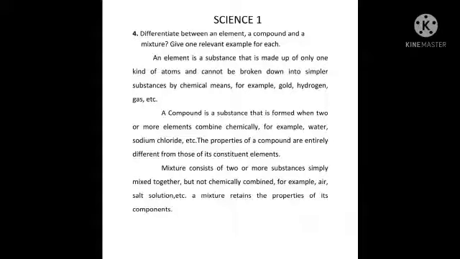Okay. Then the last one, that is mixture. A mixture consists of two or more substances simply mixed together but not chemically combined. For example, air, salt solution, etc. A mixture retains the properties of its components.